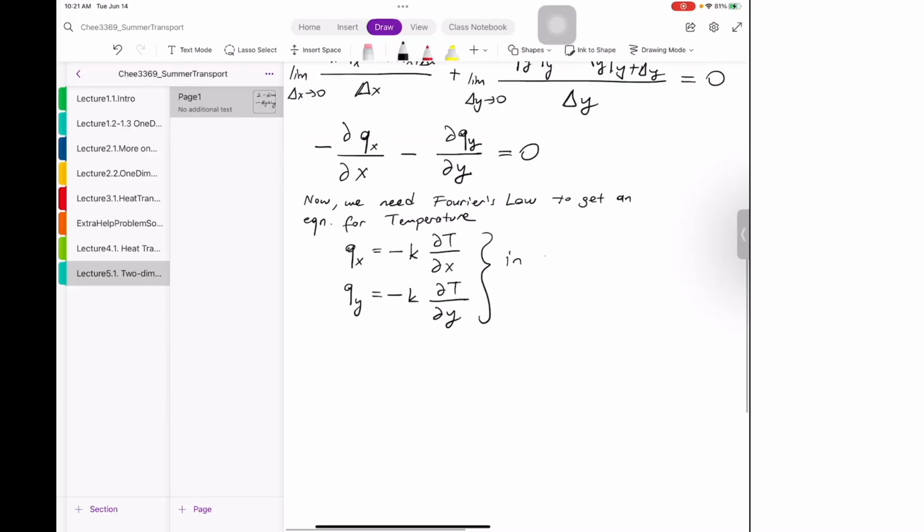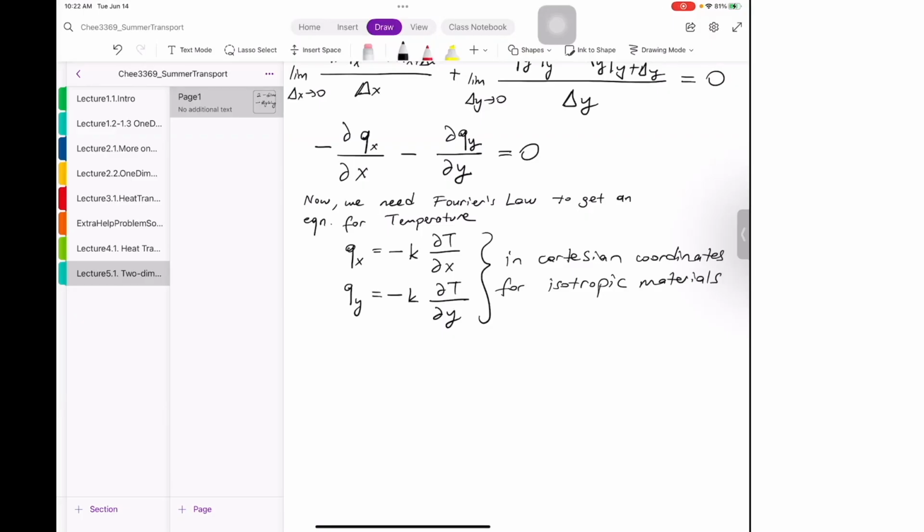This is in Cartesian coordinates for isotropic materials. What does isotropic mean?